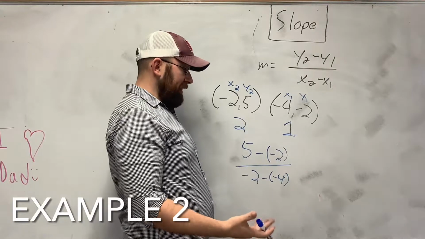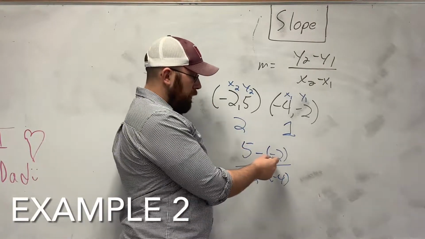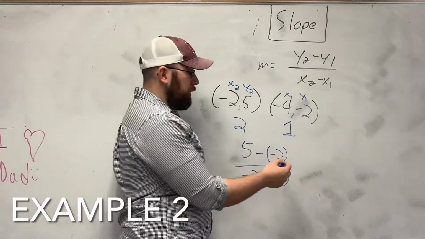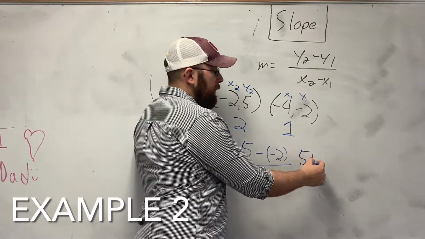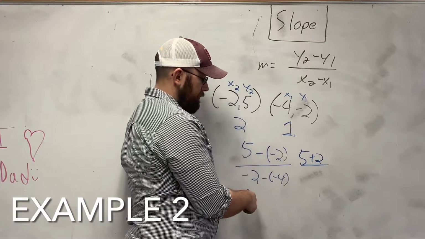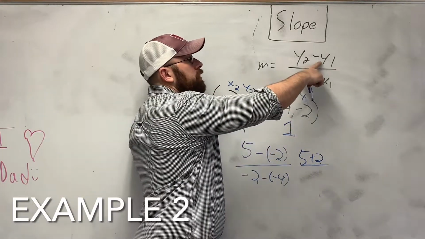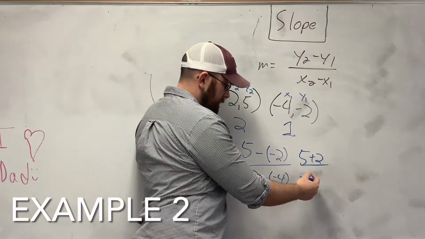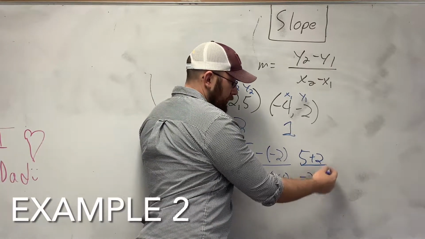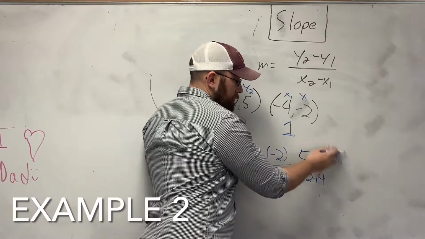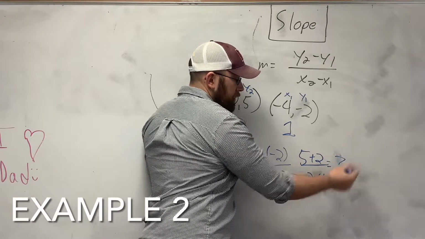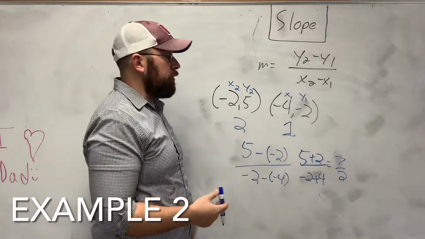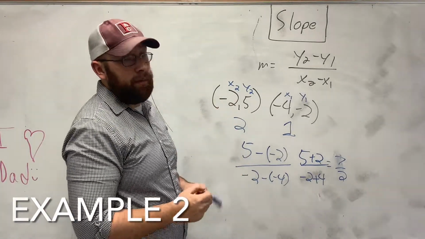Well, when you plug these in, you have a negative and a negative. When you have a negative times a negative, what do you end up with? A positive. So when you put a negative back here for your y1 or your x1, it becomes positive. Same thing with the bottom. So that's 7 over 2. So our rise over run would be 7/2 for this slope.